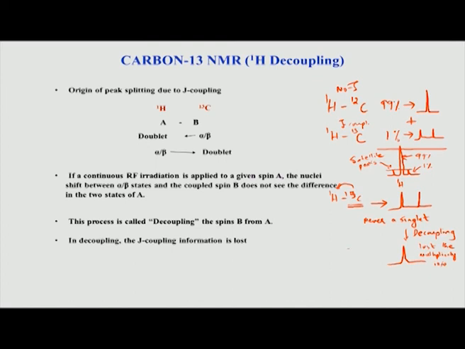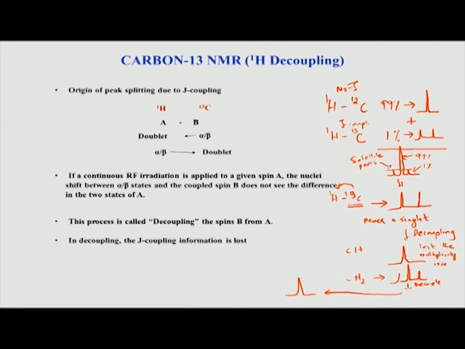Now, suppose I have CH2, there I expect a triplet according to the n plus 1 rule, but again if I decouple I will get basically a singlet, and that information is also lost. Okay.